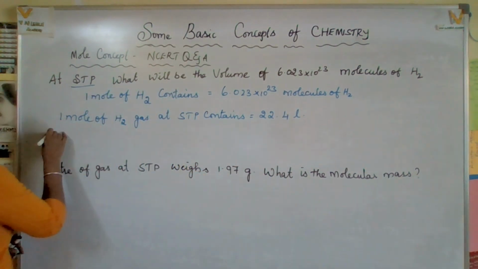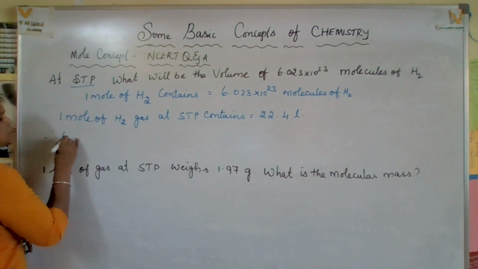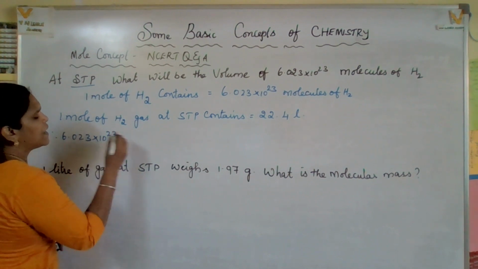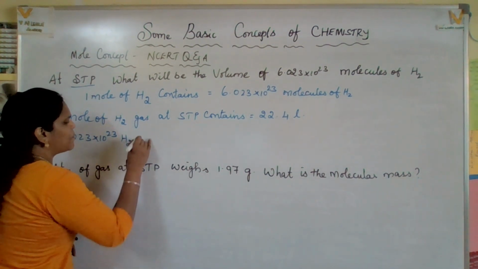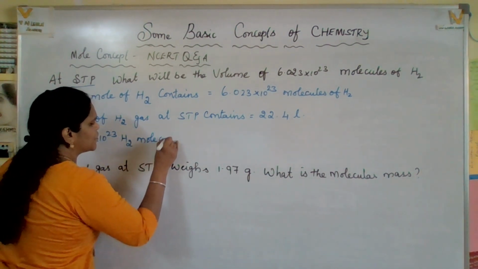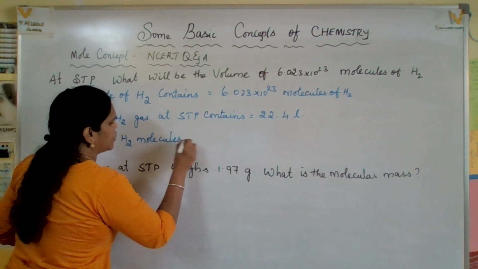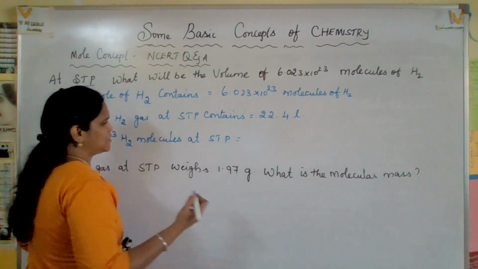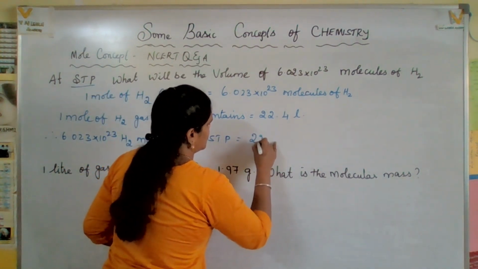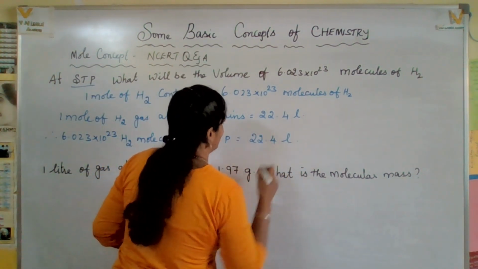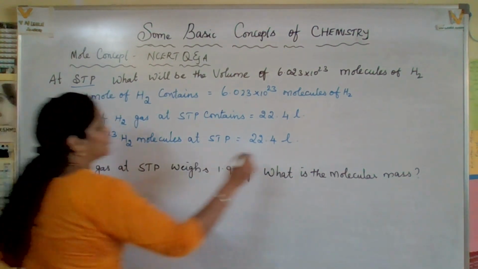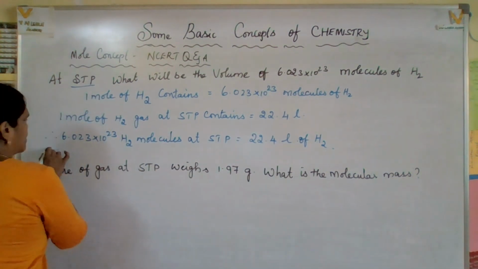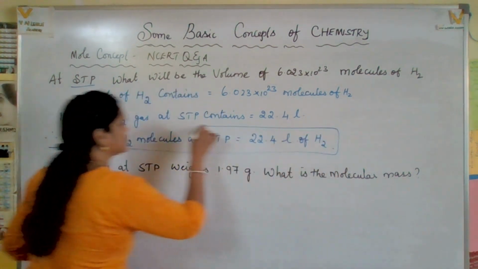Therefore, 6.023 into 10 to the power of 23 hydrogen molecules at STP will have a volume of 22.4 liter of hydrogen.